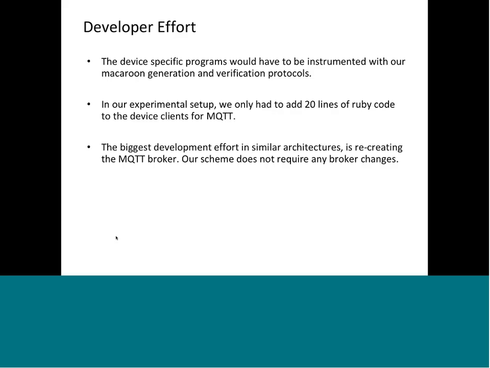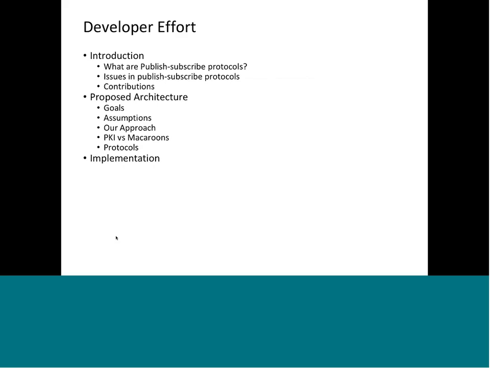Most existing schemes talk about recreating the entire MQTT broker, but our conversations with our industry partners told us that this is not a good investment of their time, so they thought our architecture would be a better fit because they do not have to re-implement the MQTT broker itself.